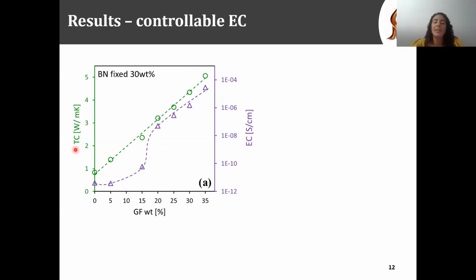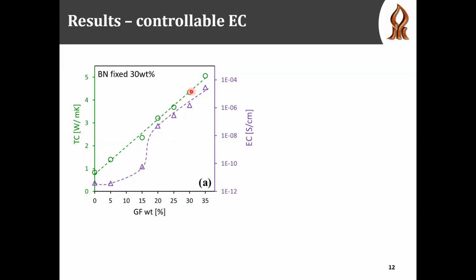Fine. We measure the thermal conductivity and the electrical conductivity as a function of the GF addition. You can see that we start with a ceramic-based filler, which is characterized by a moderate thermal conductivity, but very low electrical conductivity. And once we increase the GF concentration, we sharply increase the thermal conductivity, but unfortunately, we also increase the electrical conductivity.